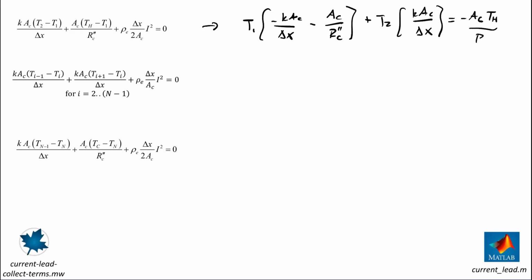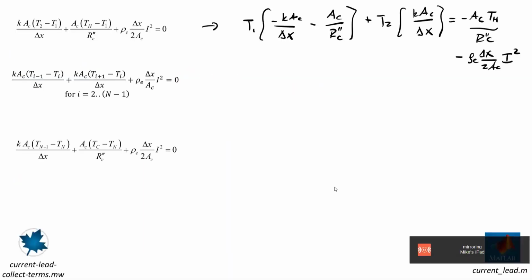Minus rho_e times delta x over 2 Ac times I squared. Okay, that's the first equation. You can see we now have stuff multiplying T1, stuff multiplying T2, those are our A11 and A12 coefficients, and then B1 is the stuff on the right-hand side.